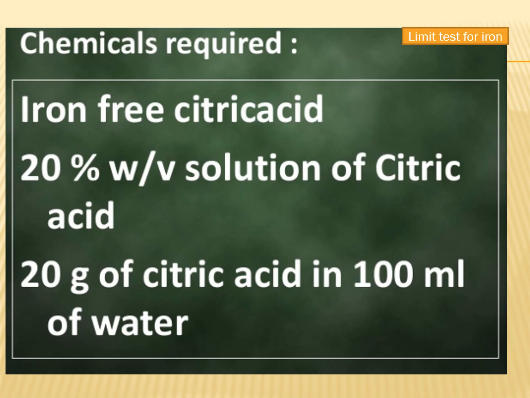Then 20% citric acid is added for the reaction: 20 gram of citric acid in 100 ml of water to form a 20% weight by volume solution of citric acid. So citric acid is added in order to prevent the interference of other metal cations.